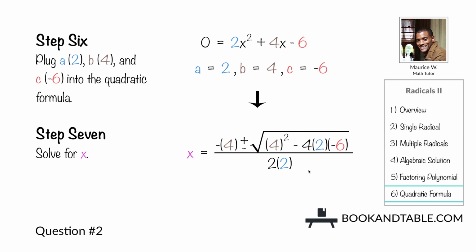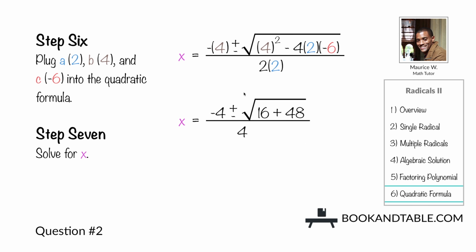So that is how we wind up with this: negative b plus or minus the square root of b squared minus 4 times a times c over 2 times a. And then we can solve for x by evaluating this further.